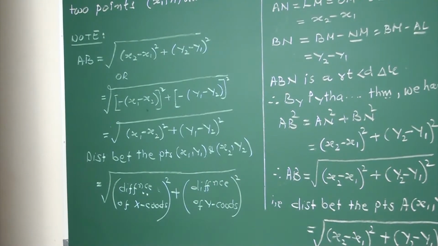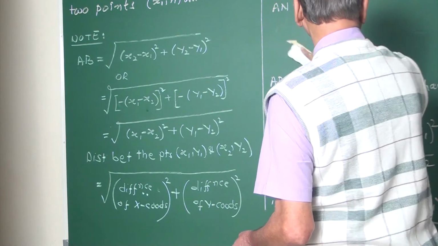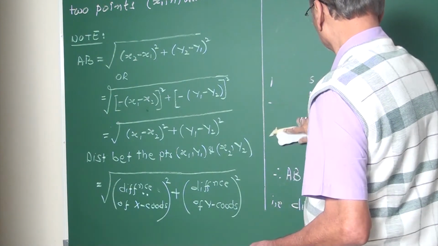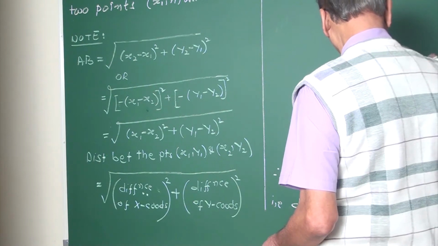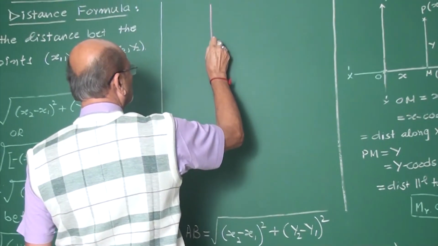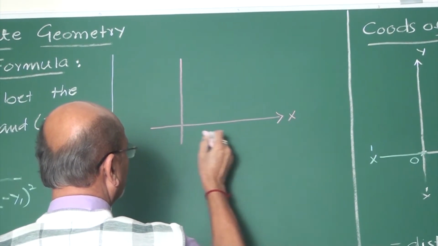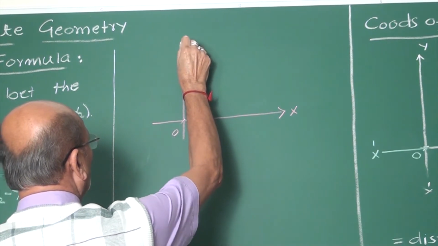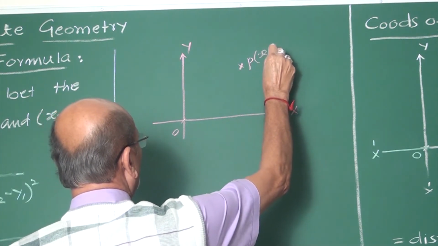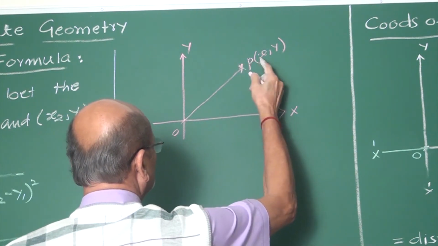Next, as a particular case, if this is the figure, this is the x-axis positive side, this is the y-axis, this is the origin, and P(x, y) is any point, then this OP is the distance of P from the origin.